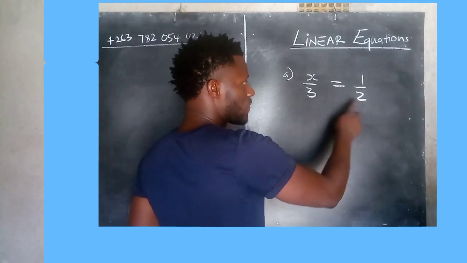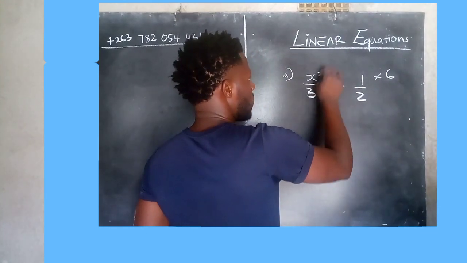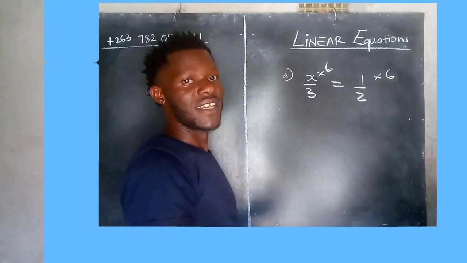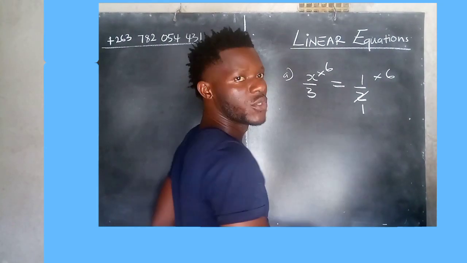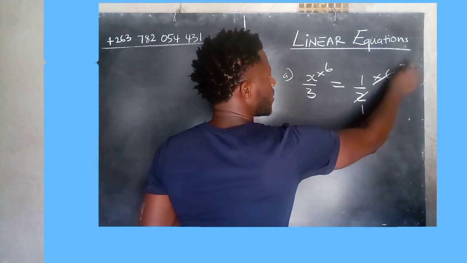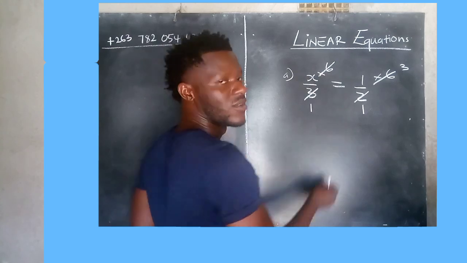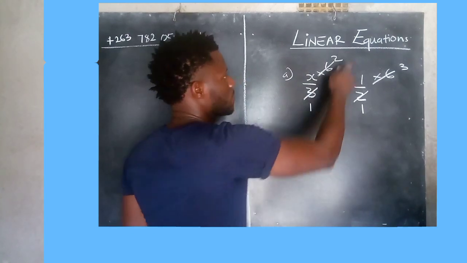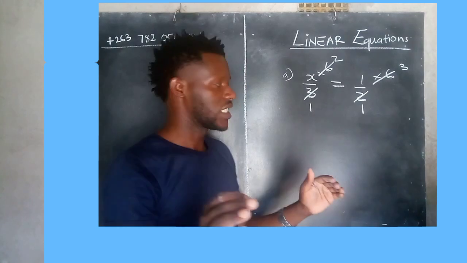So the common denominator of 3 and 2 is 6. So multiply by 6 both the terms. Then after that, it's now 2 into 2, 1. 2 into 6, we get 3. 3 into 3, 1. 3 into 6, we get 2. Look, now we have denominator as 1, mean to say there's no more any fraction.